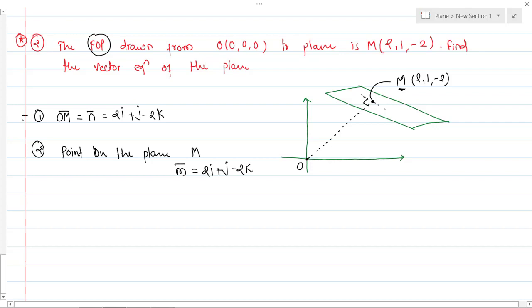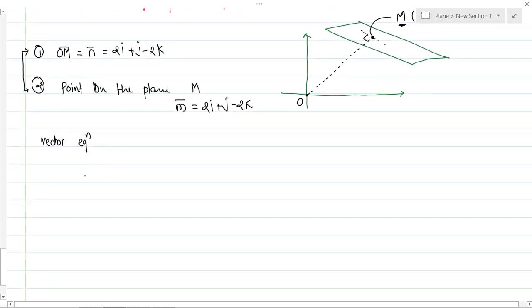Once you get these two pieces of information, you can find any equation, the vector equation or the Cartesian equation. So let's first find the vector equation of the plane. It is r bar dot n bar equals a bar dot n bar.